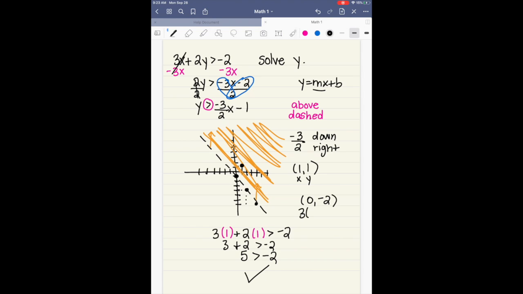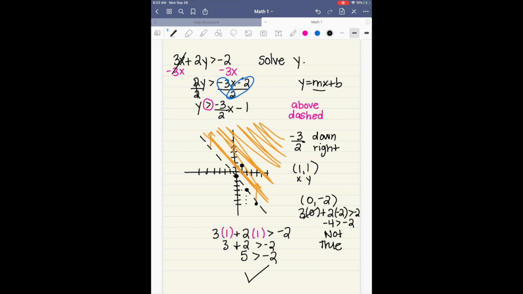So I have 3 times 0 plus 2 times negative 2 is greater than negative 2. Well, the 3 and the 0 go away. Negative 4 is greater than negative 2 is not a true statement. So that's the reason that anything that falls outside of the shaded region or on a dashed line is not true. It's not a solution.